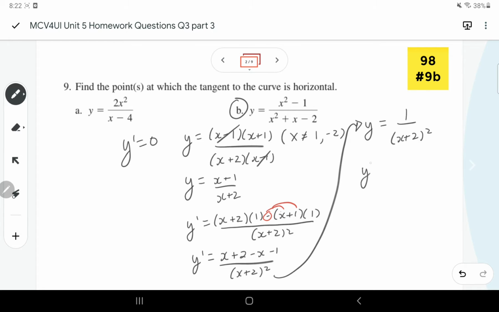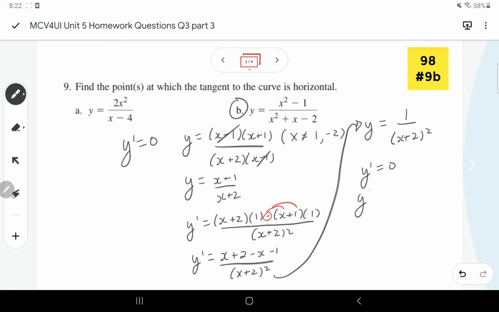And if we want to know where is y prime equal to 0, think about what we're doing here. We have 1 divided by a function. 1 divided by anything is not 0. This in particular always has to be positive because it's squared.